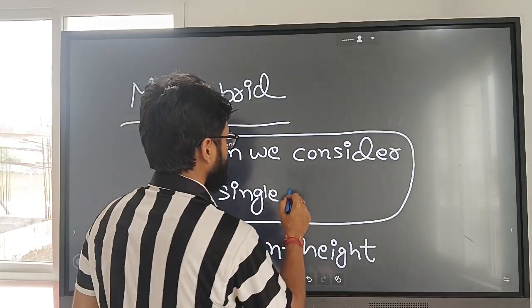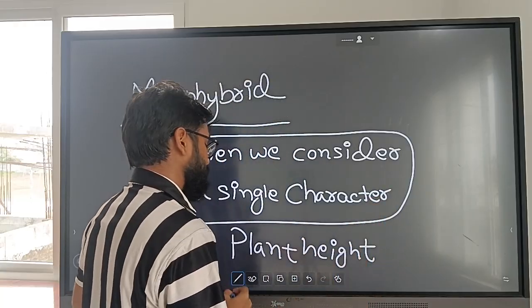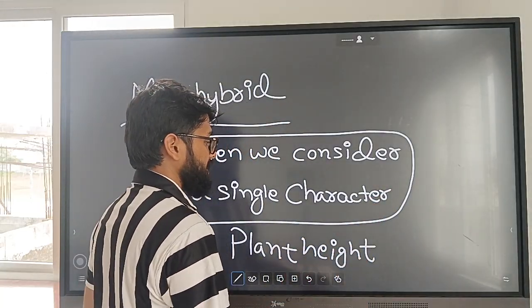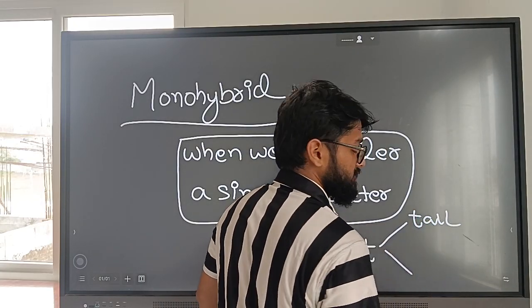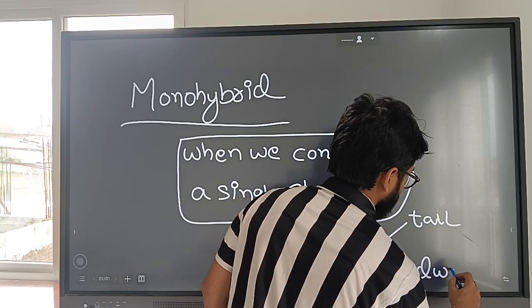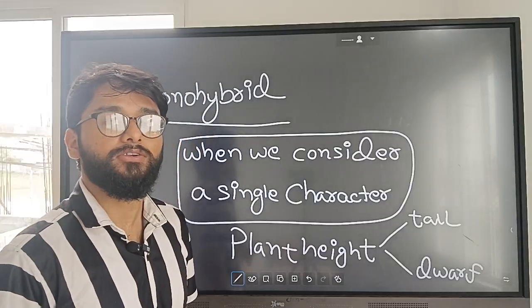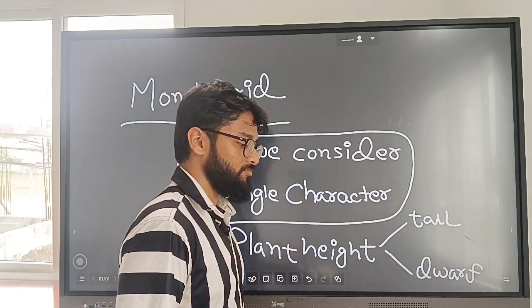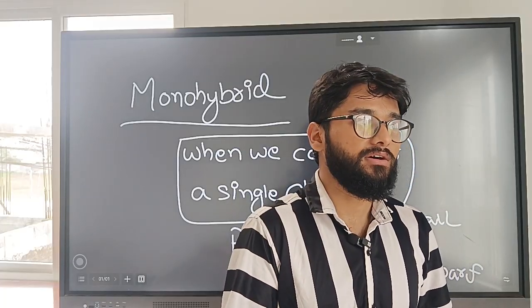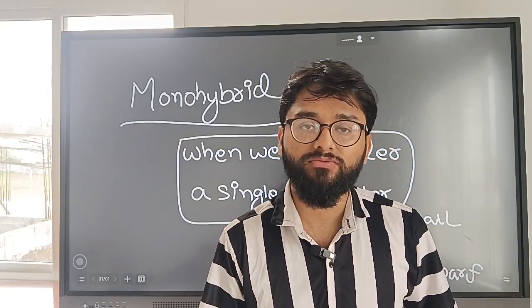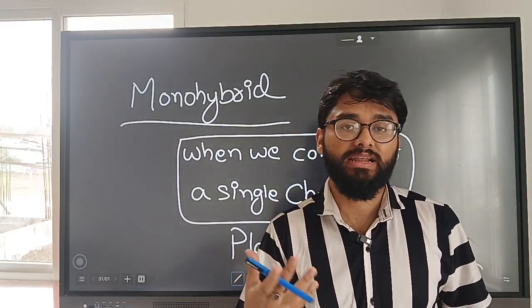To avoid confusion: plant height is the character, and a tall plant or a dwarf plant is its trait. Based on this, when we make crosses, we use mathematics to probabilistically find the ratio or possible outcome from such a cross.